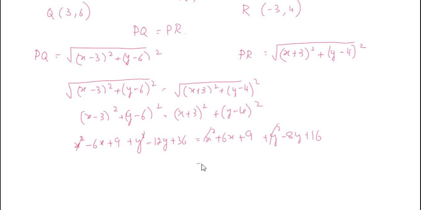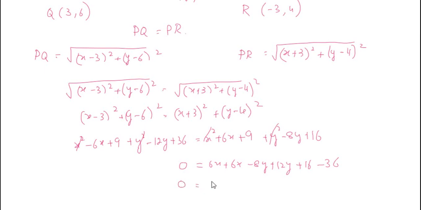Let me take all the terms to the right side, left side let it be 0. So this is 6x plus 6x, minus 8y plus 12y, plus 16 minus 36 that equal to 0.